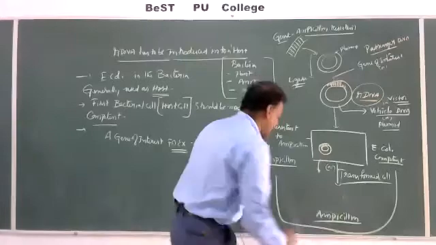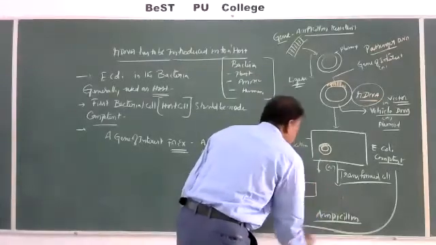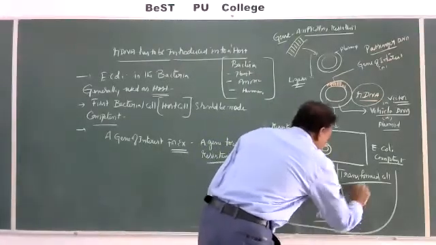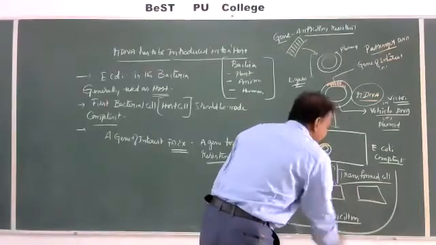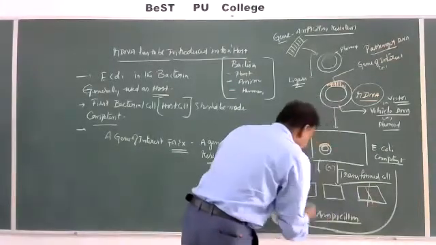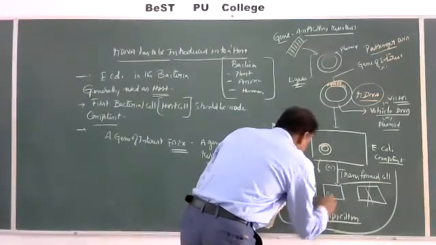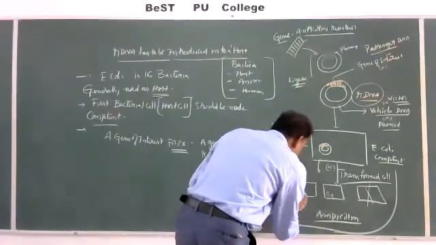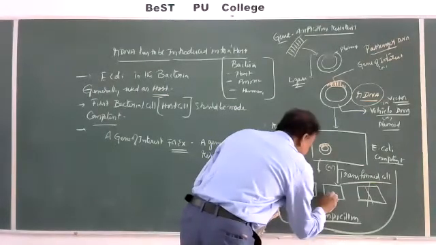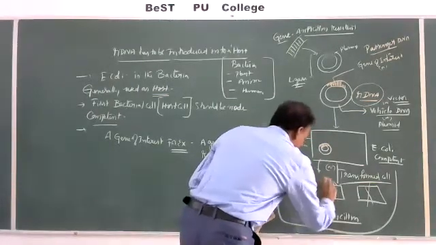And the bacteria which are not having it will not grow. And which are having the ampicillin resistant gene, they will grow.